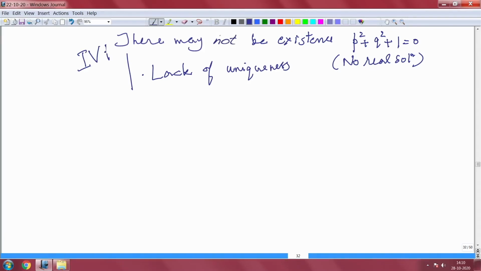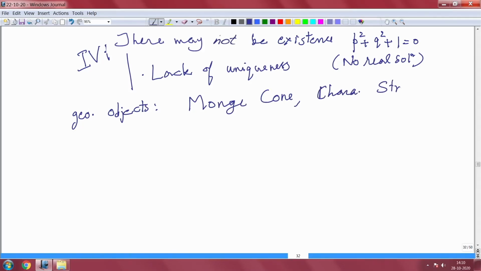And there are more geometrical objects like the Monge cone, which I am going to introduce, and Monge's characteristic strips etc. So, you have to do such kind of geometry.